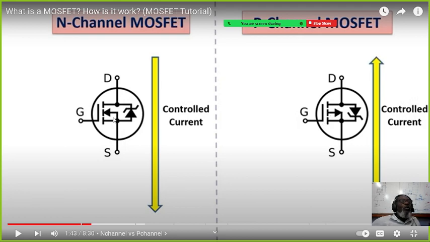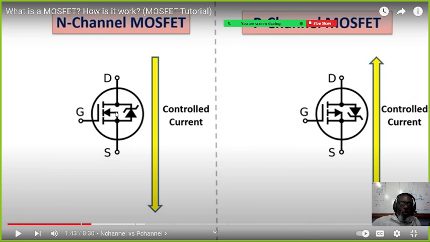Again, some people believe that because in the BJT, when the arrow is coming out, it is an NPN, for the N-channel MOSFET the arrow must be coming out. Right? But if you look, the arrow is going in toward the gate.